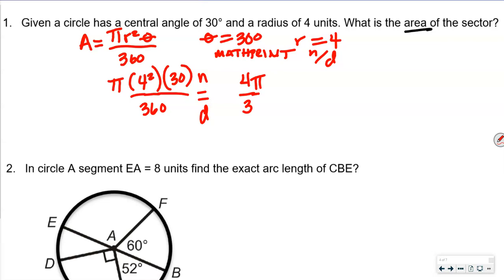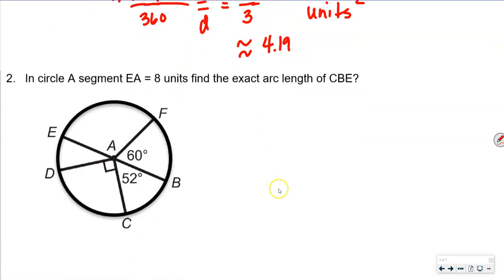So we always put pi on the top, so that's what it is in radians. And then when we multiply by pi, our answer is going to be, and that's an equal, right? Because that's exact. And if we multiply 4 over 3 times pi, we get 4.19. And again, these were units, so we would have said units squared, okay?